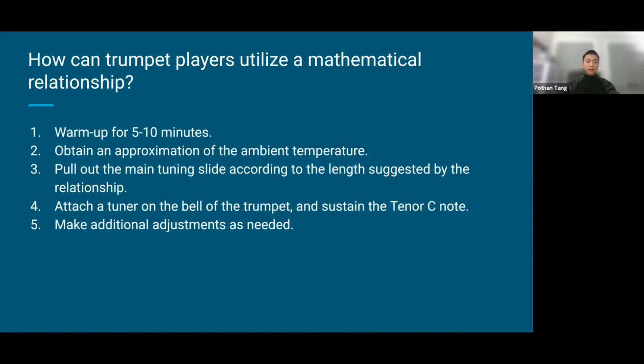Then, they can attach a tuner on the bell of the trumpets and sustain the tenor C notes. The tuner should indicate that the pitch is close to being in tune. Finally, they can make additional adjustments as needed, as long as the ambient temperature stays steady and the trumpet is constantly being played on. The length of the main tuning slide will produce an accurate pitch.